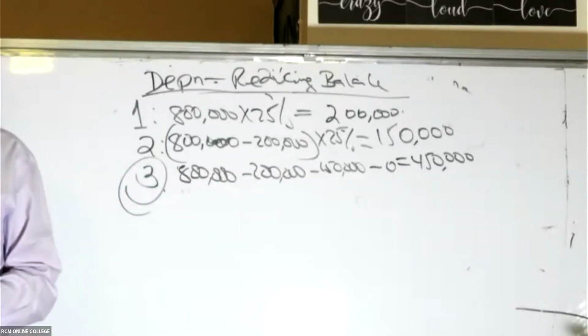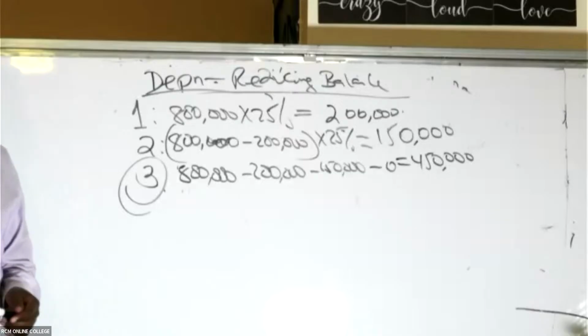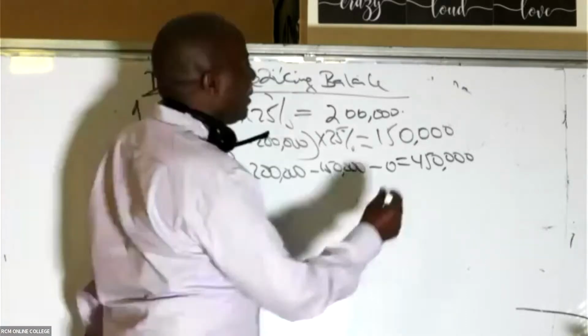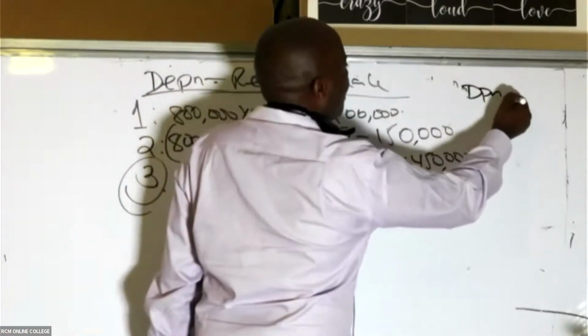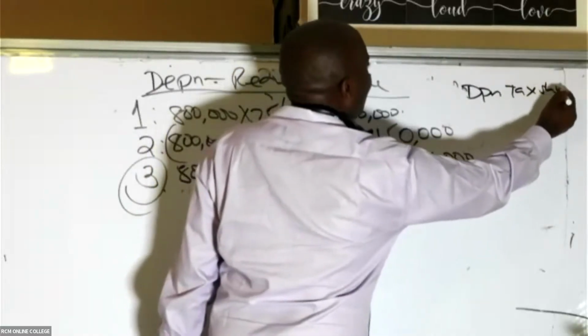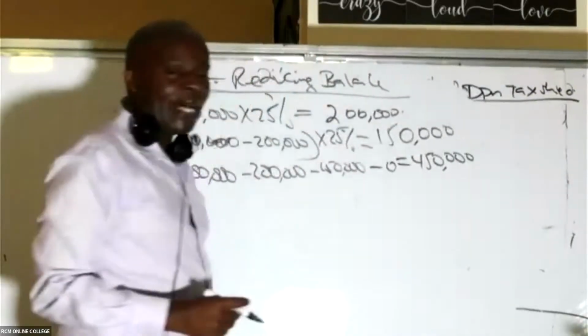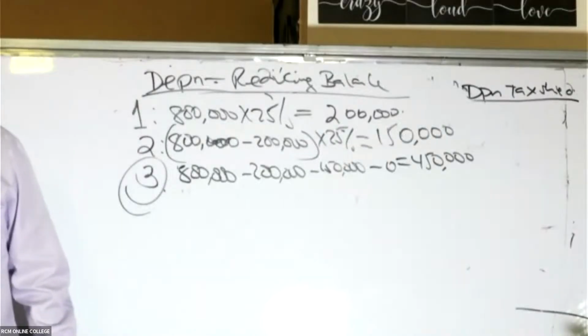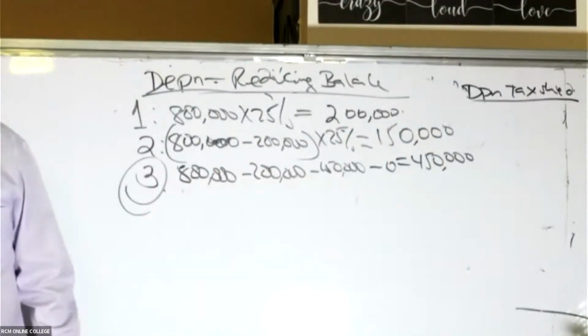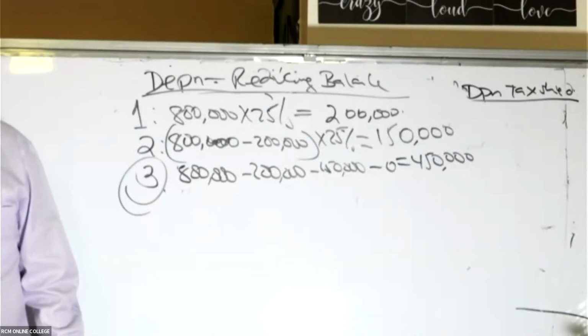Ladies and gentlemen, from there I will come and give them the depreciation tax shield. Let me see whether they are paying the tax one year in arrears.